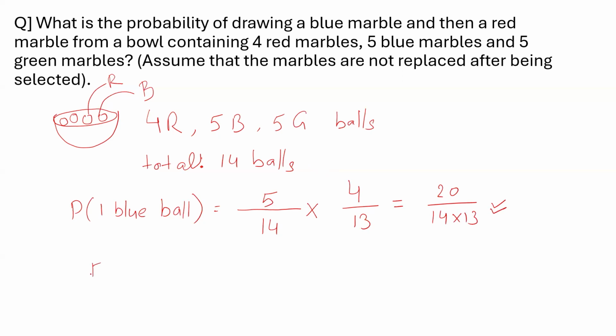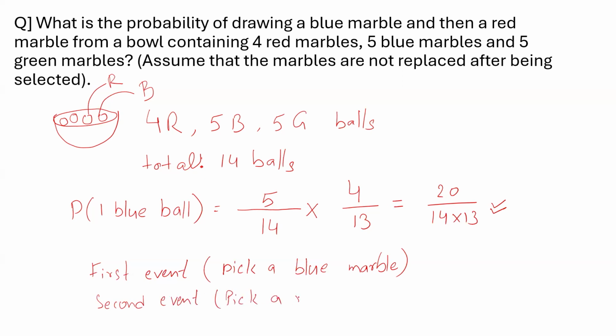So what is happening? First event, pick a blue marble, right? And then second event, pick a red marble, right? That is what is happening.